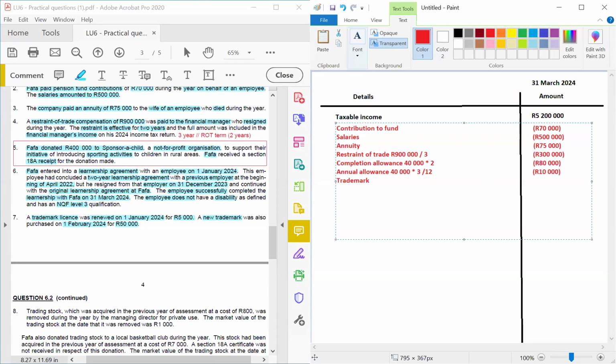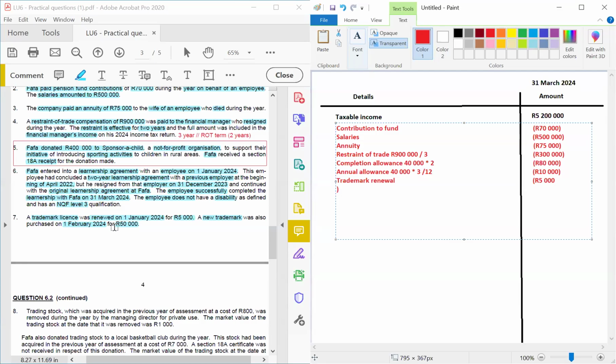Because there's a trademark that was purchased as well as the renewal. Let me do this. Renewal, so 5,000, that's not an issue. The only issue now comes with the purchase of this trademark.